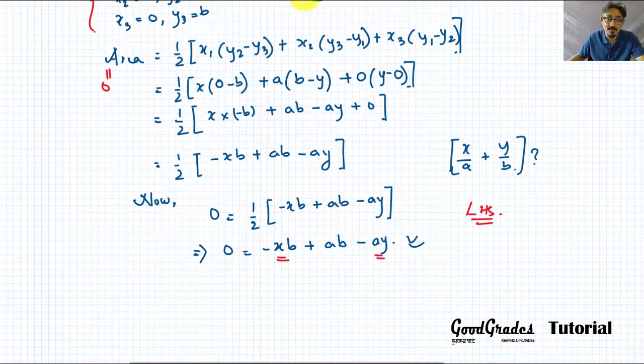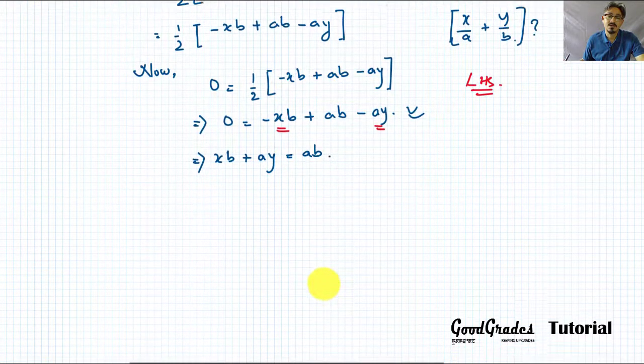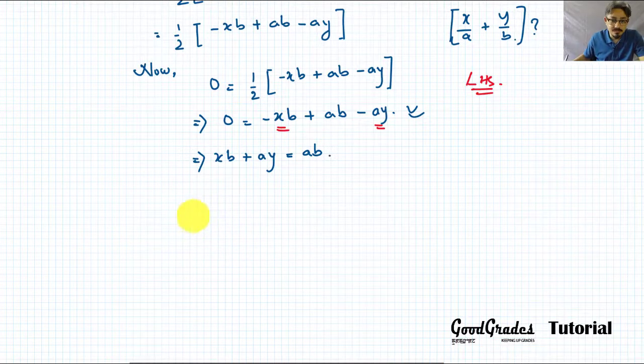Will transfer it to the left hand side. Now, xb minus xb, we get xb plus ay is equal to ab.